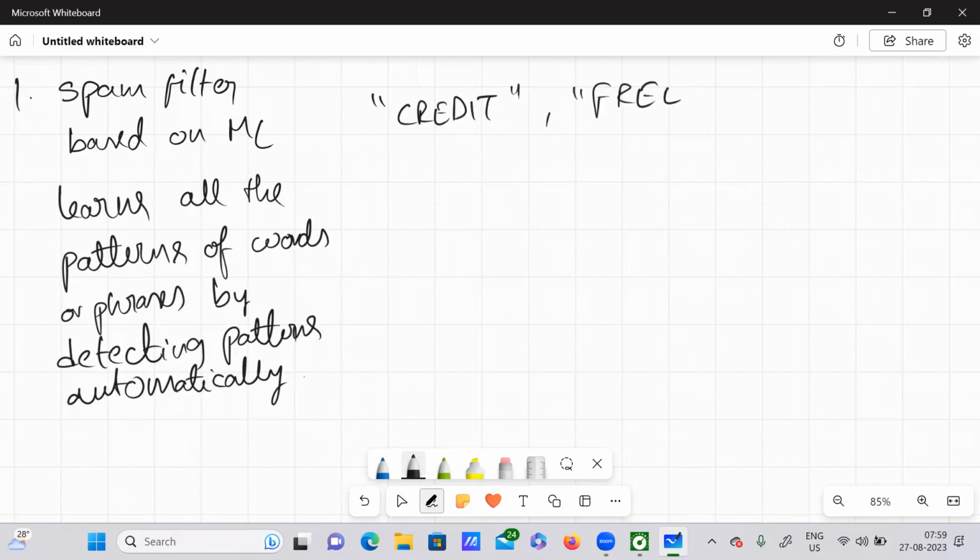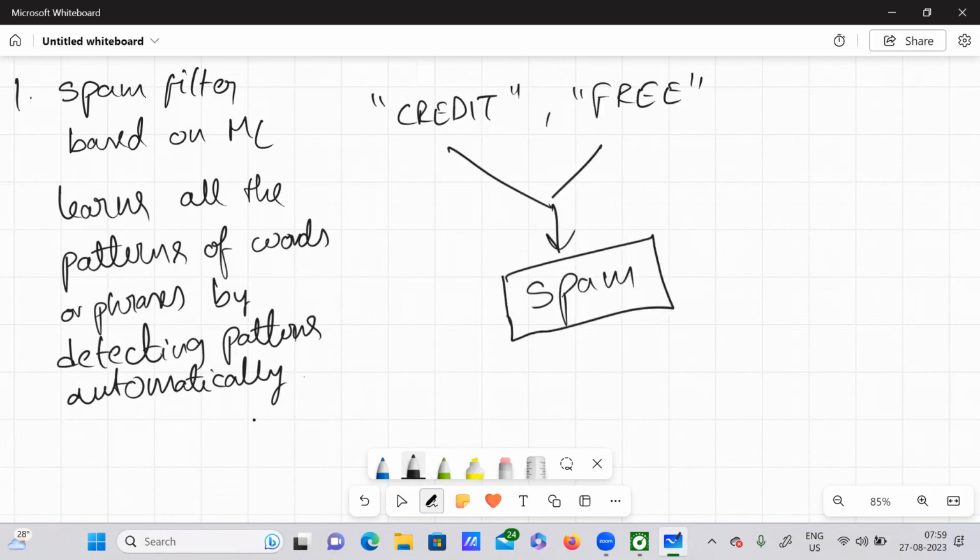These are the keywords. It learns all the words or phrases which are usually good predictors of spam. If any email contains these keywords, credit or free, it belongs to the spam category.